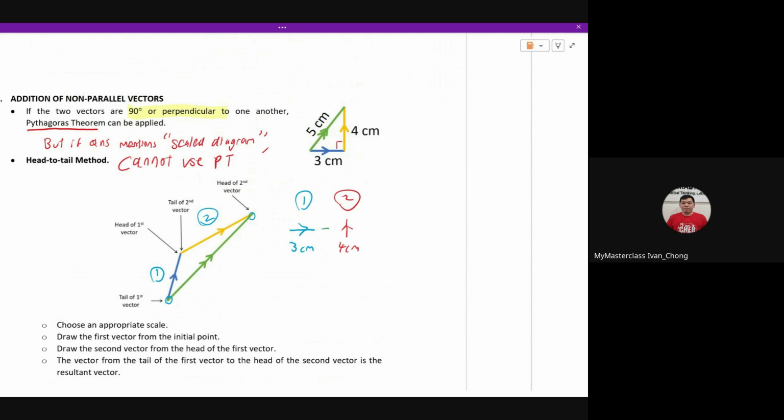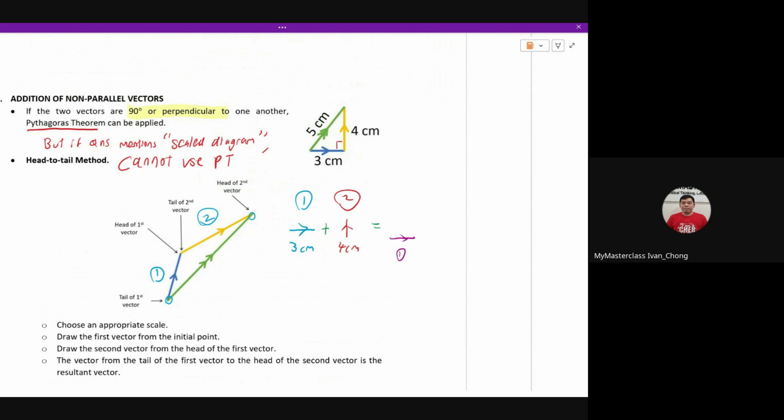So the first diagram, I will draw like this. It's going to be a horizontal and this is a vertical. You can take a protractor, make sure it's 90 degrees, and draw upwards 4 cm. What I mean by the head to tail method is that we always draw the first vector first.